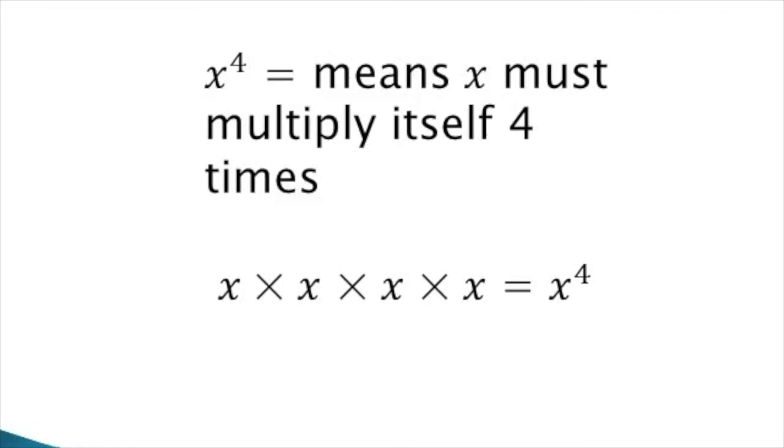Another example, x raised to the power 4 means x must multiply itself 4 times. So we are going to have x times x times x times x, which equals x to the power 4.